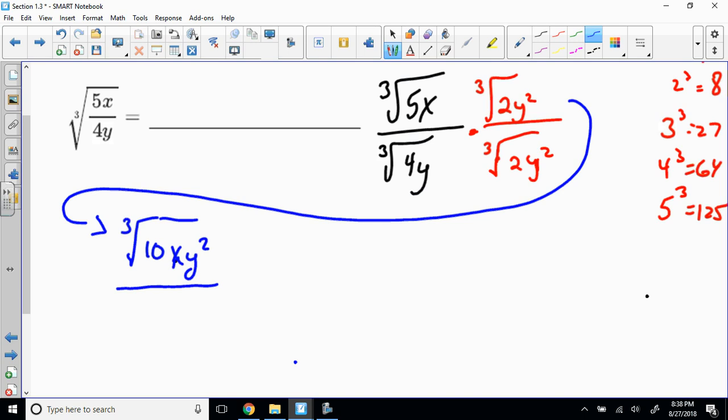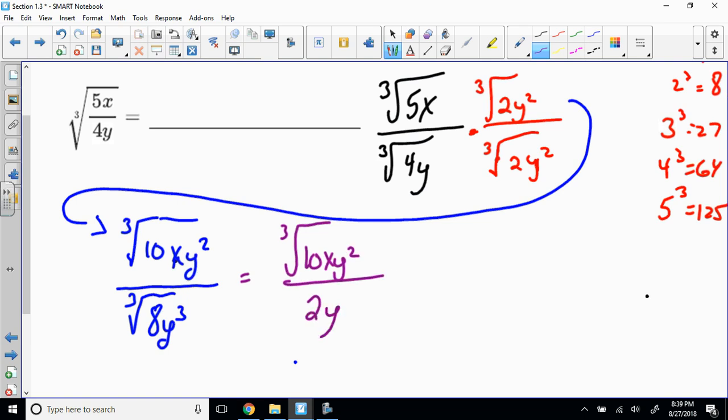No? And then this one gives me, can I do anything with the numerator? Anybody see anything I can do with the numerator?